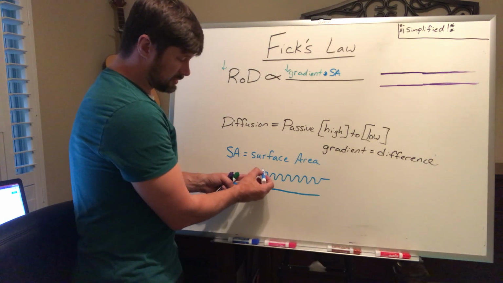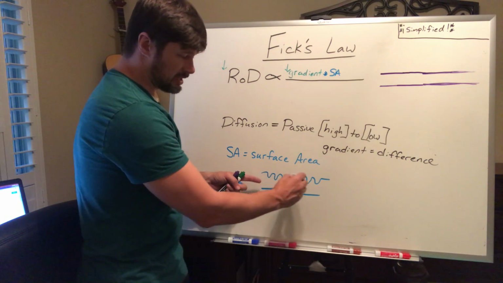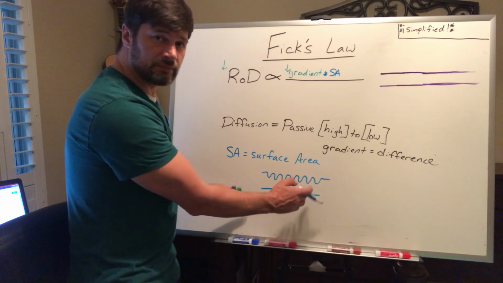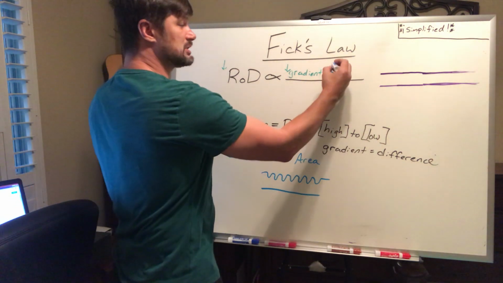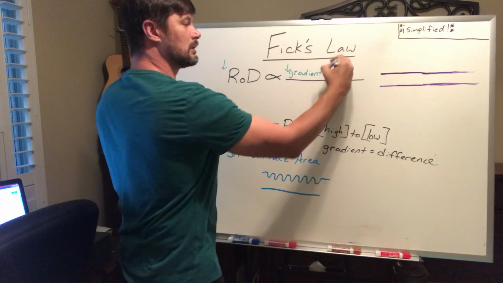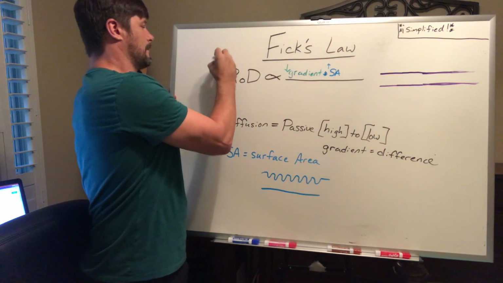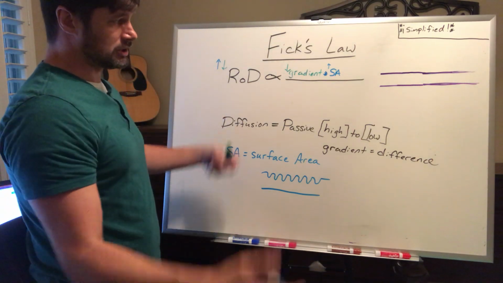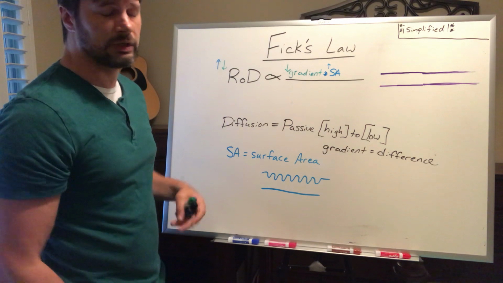The area that comes into contact with the surface would be every little bit of this. So if we were to measure the entire length of that curve, it would be much, much longer than the length of that curve. So as the surface area increases, the speed that diffusion can occur is going to increase as well, because it's directly proportional. It's a numerator. It's on the top of the equation on the right-hand side.